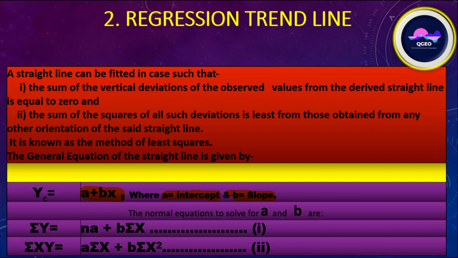Now the normal equations to solve for a and b: summation of y is equal to na plus b summation x, which is equation number 1, and summation of xy is equal to a summation x plus b summation x square, which is equation number 2.